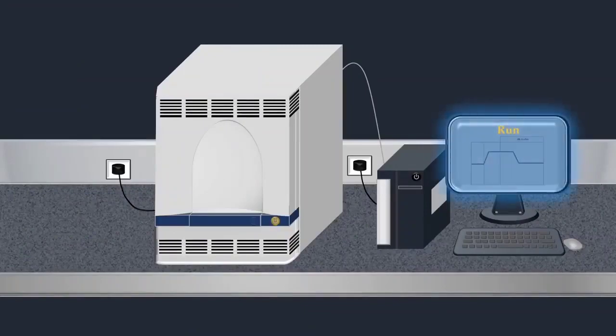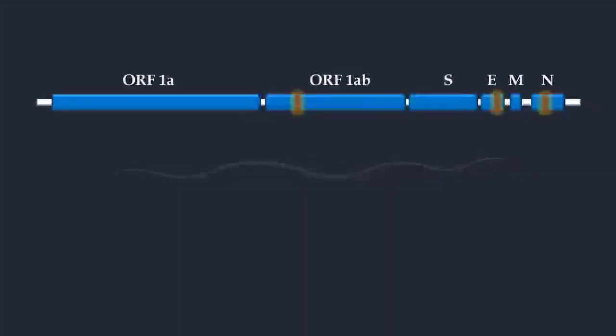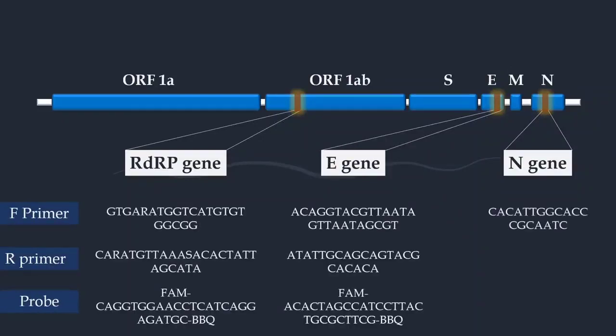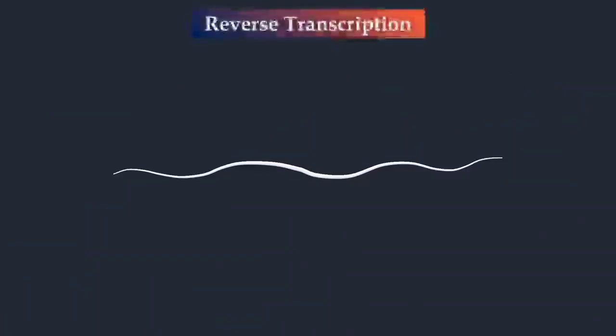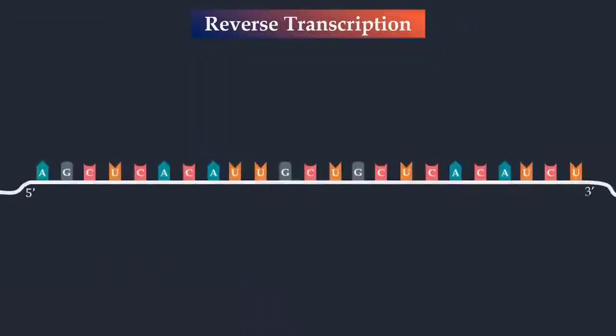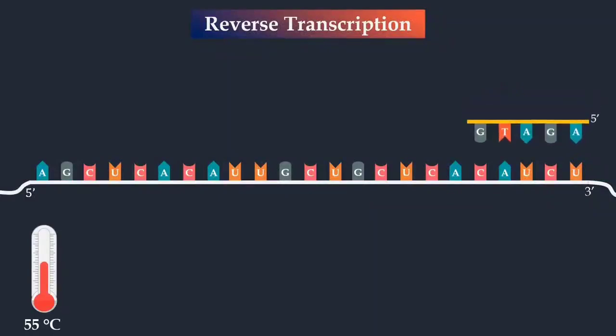Real-time RT-PCR is used for the detection of the new coronavirus 2019 by the amplification of target sequences in the RdRp gene, the E gene and the N gene. The choice of the target gene depends on the primers and the probe sequences. The first step in RT-PCR is reverse transcription. The first strand complementary DNA synthesis is primed with the PCR reverse primer, which hybridizes to a complementary part of the virus RNA genome.